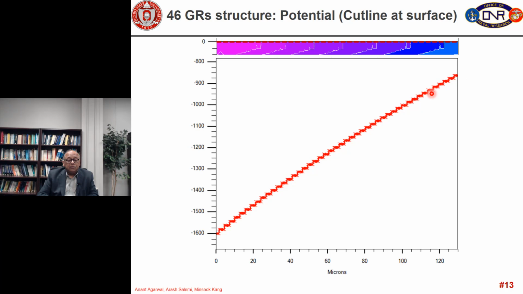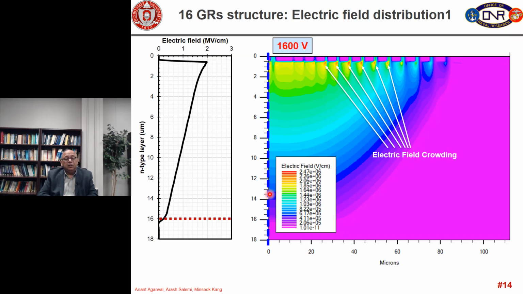So these guard rings are able to take potential and therefore distribute the total 1600 volt potential laterally along the guard rings. And you can see it's a very uniform steps. That means this is a good simulation with equal spacing of guard rings.